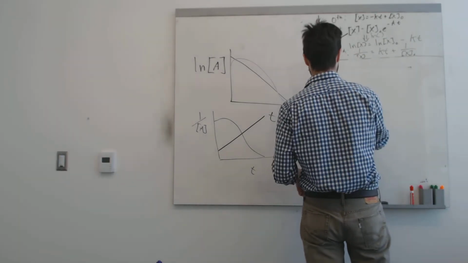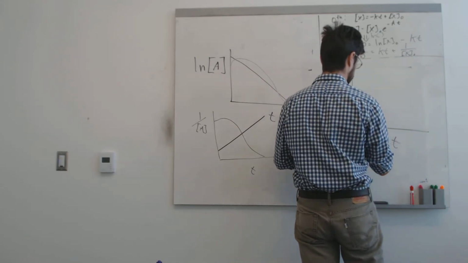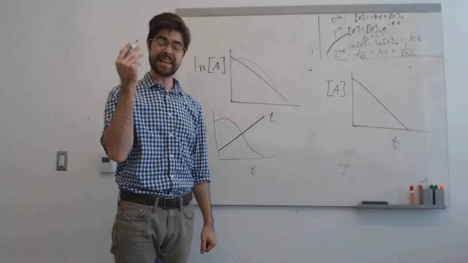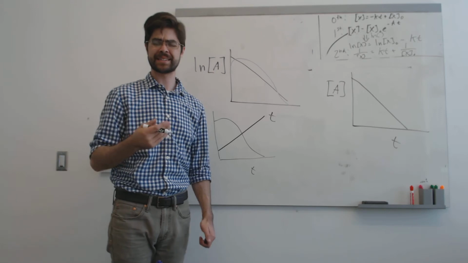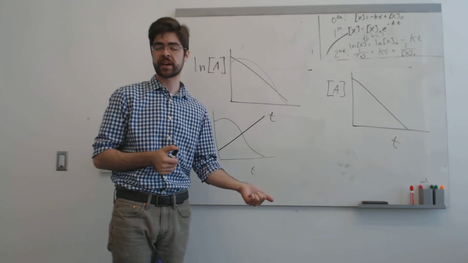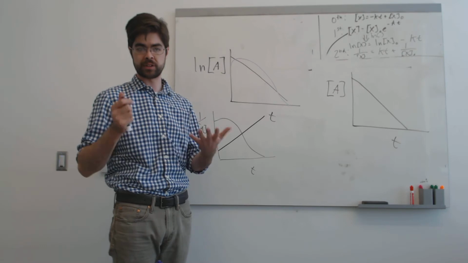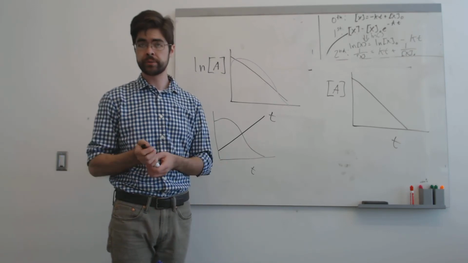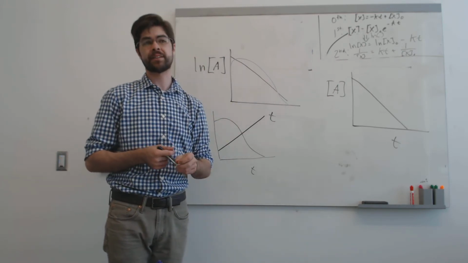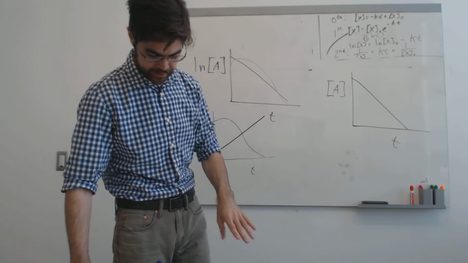So if I plot concentration and I get a straight line, then that means it is a zeroth order reaction. If I don't get a straight line, it could be first order, could be second order, could be half order. There are such things as half orders. We just don't talk about them as much, but they do exist. It could be third order. It's unusual, but it happens. So it's a way to identify it as being a particular order or not.